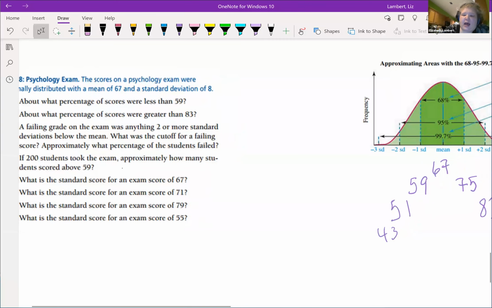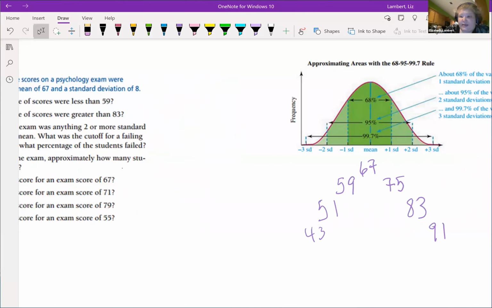So I know my 59 is one standard deviation down. So based on my 68, 95, 99.7 rule, remember the mean is the 50th percentile. So if I cut my 68% in half, that is 34.